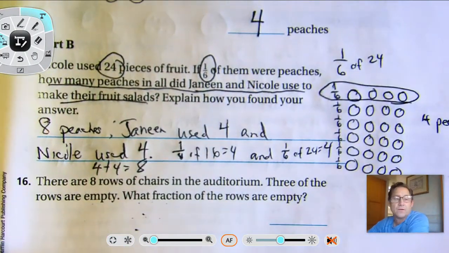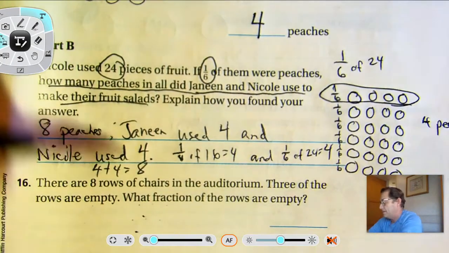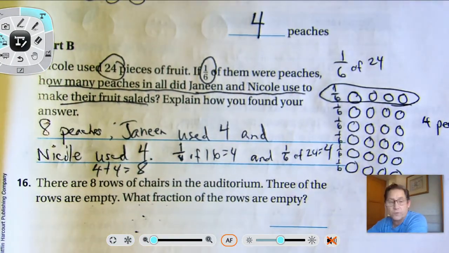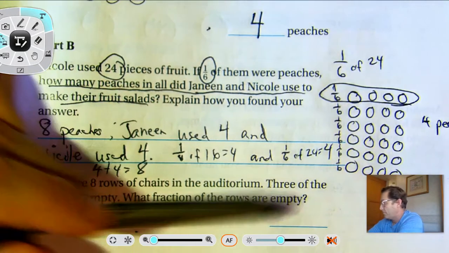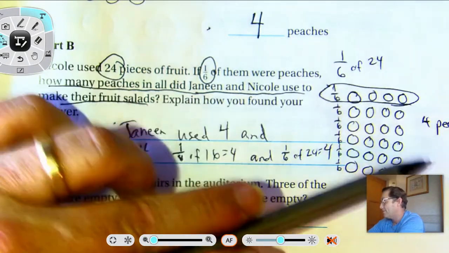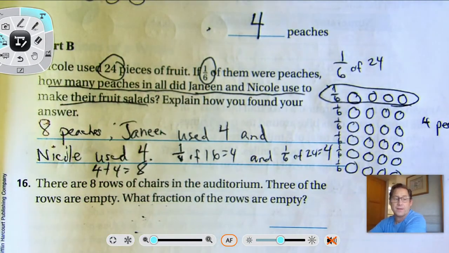So Janine used 4, Nicole used 4. We know that because 1/4 of 16 was 4, part A. Part B, 1/6 of 24 was 4. So 4 plus 4 is 8.